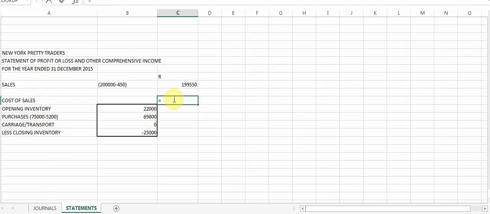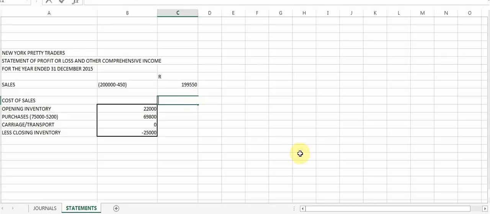The answer for cost of sales is always a negative value. So I'm going to say it's 22,000 plus 69,800 minus 25,000. So the answer is 66,800, but it needs to be negative.